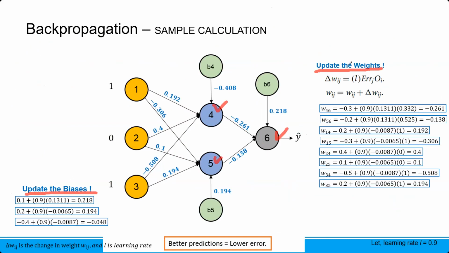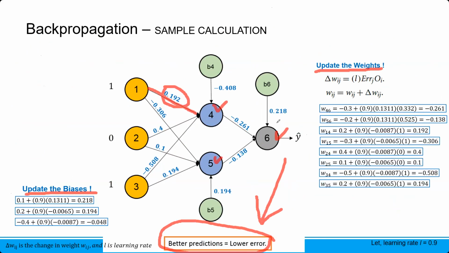If we want to update the weights, it means this one. I want to update the weight. Why? Better predictions means lower error. Okay. So we want to make the model which has the lowest error.